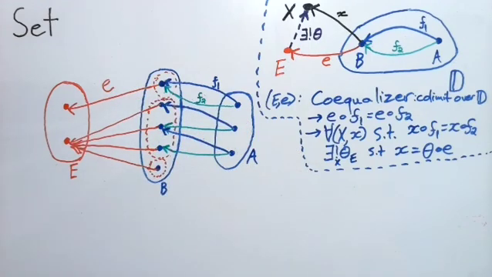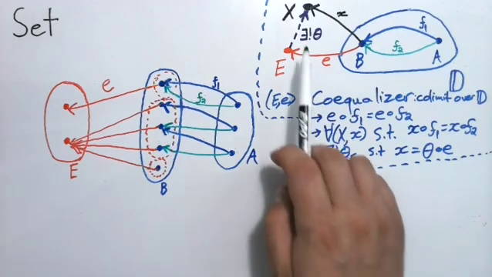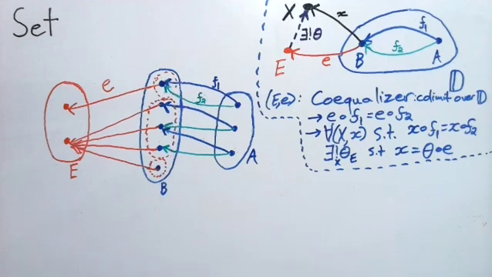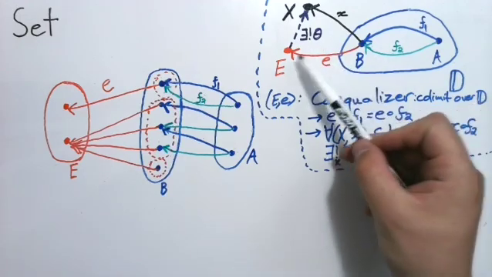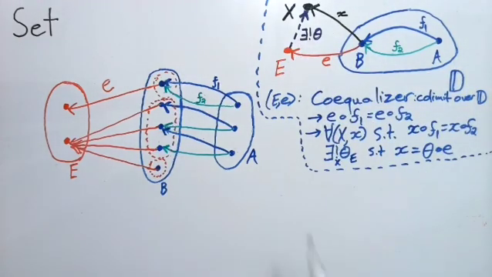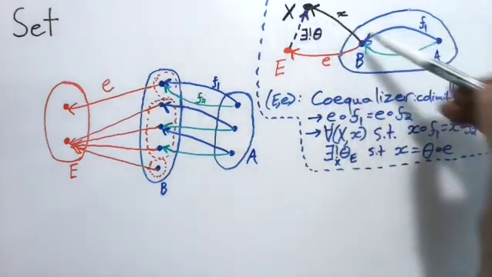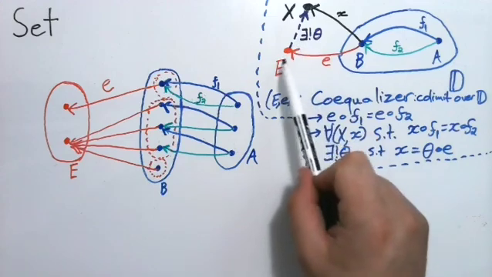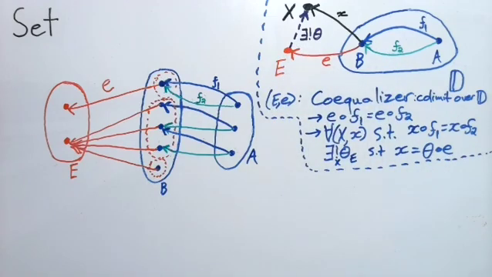It's the same property. So if we can find another cocone with an x that satisfies that property, then we need to have exactly one morphism going from e into x, or one set function going from e into x, such that this triangle commutes. That is, x equals theta after e.